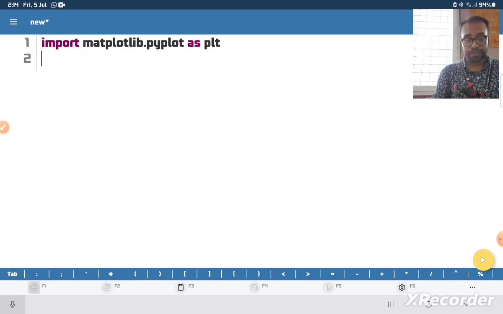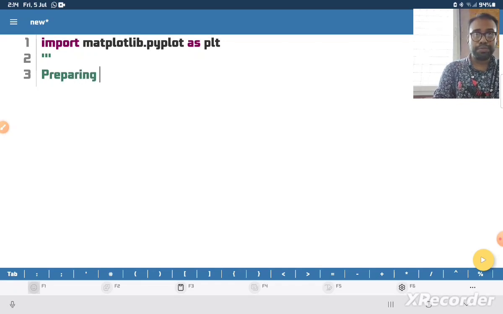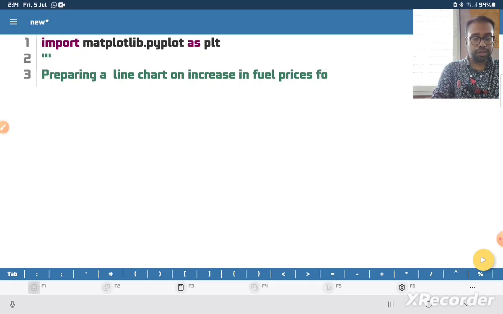So, I am putting a multi-line comment here: preparing a chart on, or be specific, preparing a line chart on increase in fuel price for the year 2005 to 10.